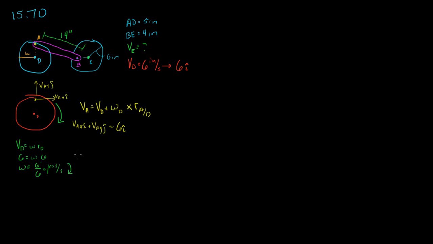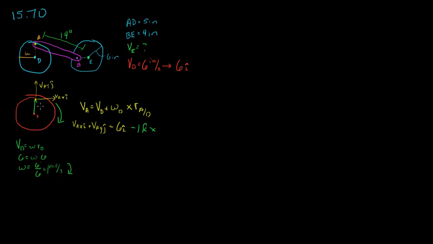And now, when we bring it back into this equation right here, because we're moving this way, by the right-hand rule, this is going to be a minus 1k. And this position vector of A with respect to D, it's this right here.